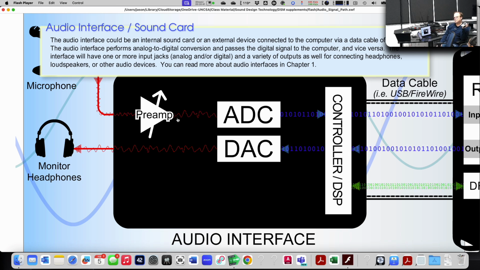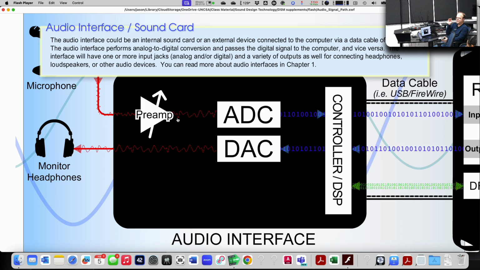But I think there's two other even more compelling reasons to think about these higher sampling rates. One is that the converters in here, we'll talk about in a second, have to do a certain amount of frequency filtering before it sends that analog audio into the converter to be encoded to binary. And it wants to filter out all the frequencies that can't be captured by that sampling rate.